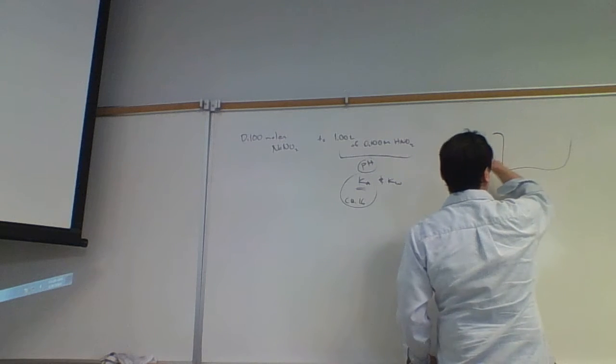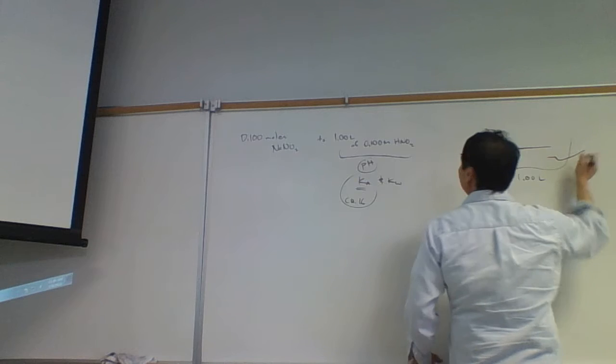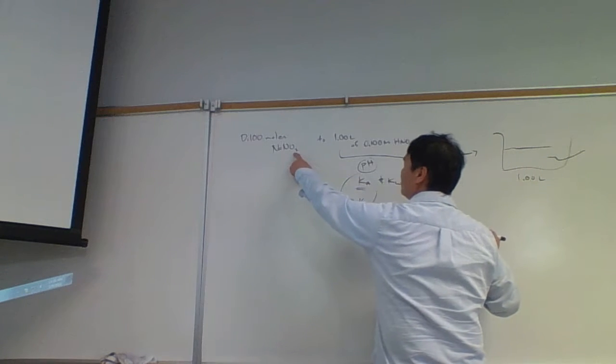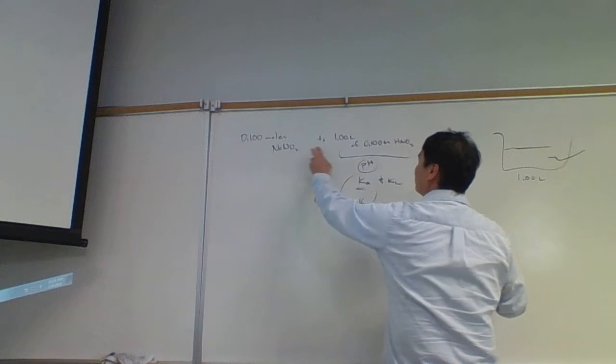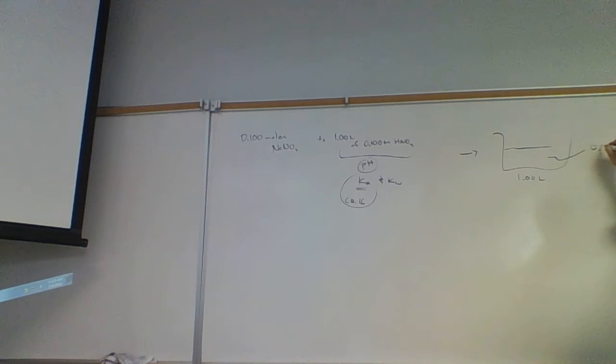And so when we add those two together, we're going to get 1.00 liters. And this is adding moles, so we're going to assume the volume doesn't change. If the volume doesn't change, we're going to have 0.100 molar HNO2 and 0.100 molar NaNO2.